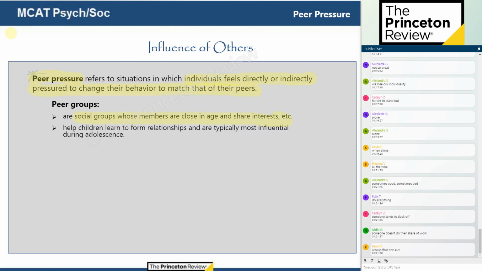And typically where peer pressure seems to influence behavior most is in later childhood and adolescence.